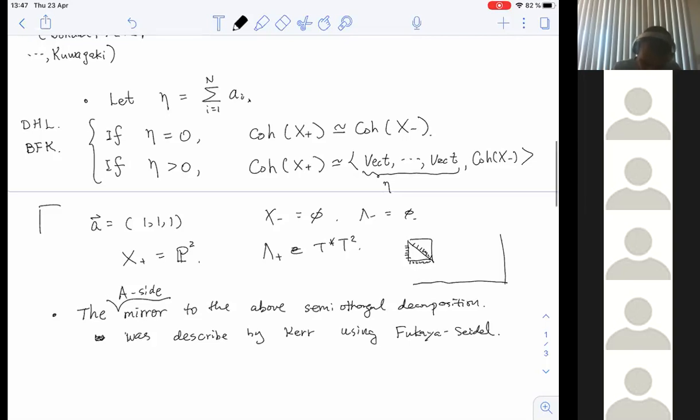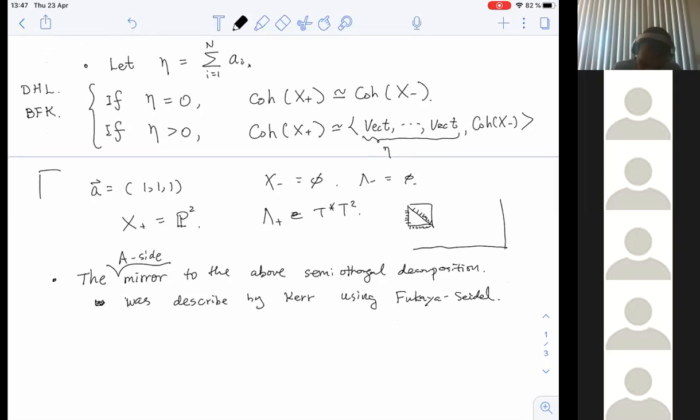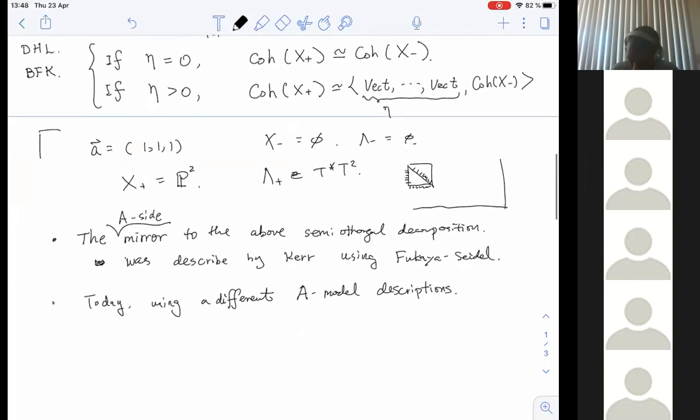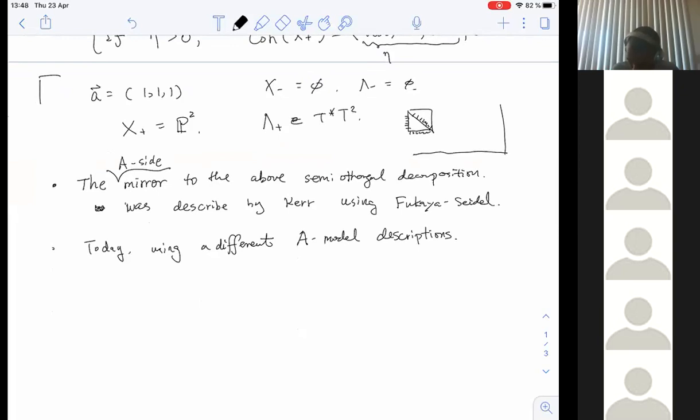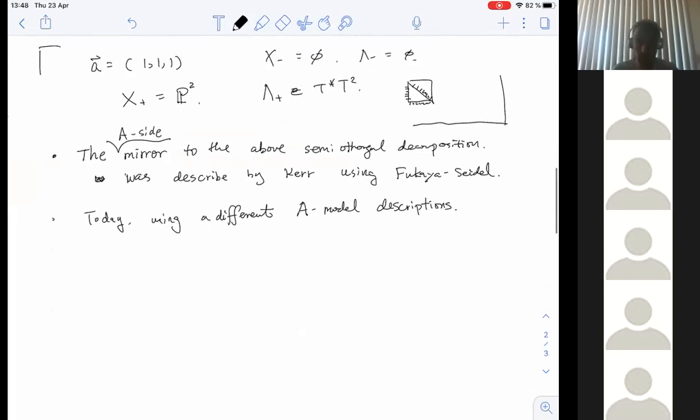And we're still trying to understand that. And today I want to use a different A model description, using the sheaf description. So the trouble is the following.